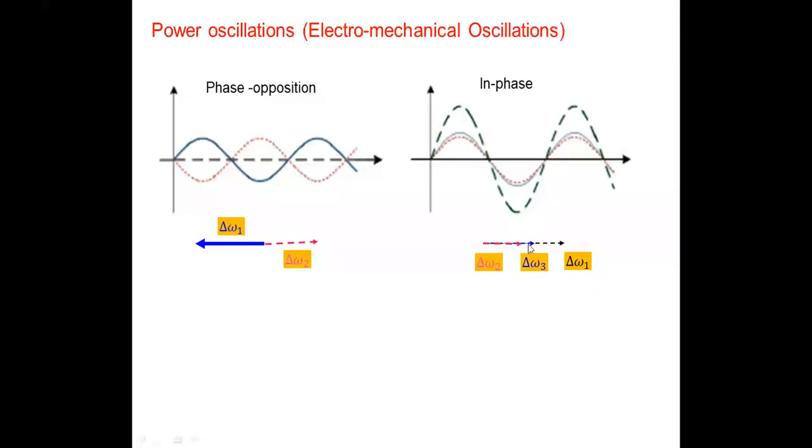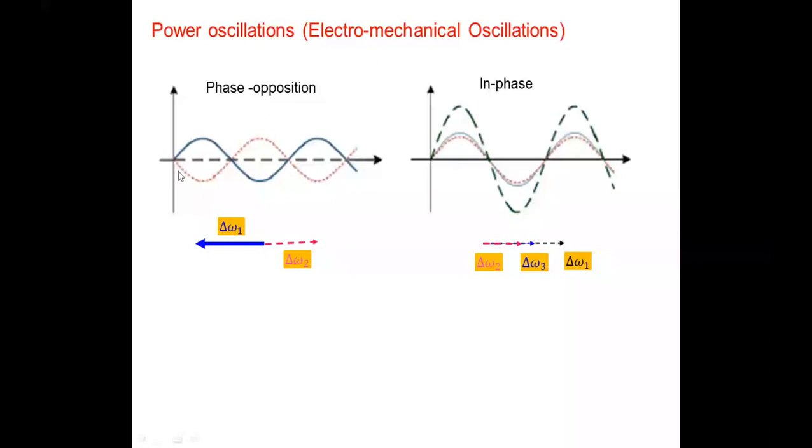So this generator will participate dominantly because it is oscillating with a higher amplitude than the other two. Though they are in the same phase, the amplitude of oscillations may differ. So this is phase opposition, and here it is in-phase oscillations.